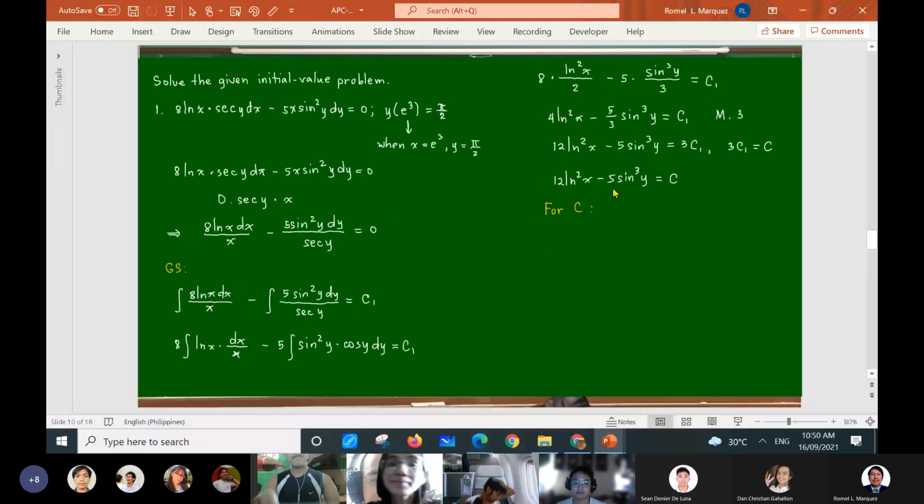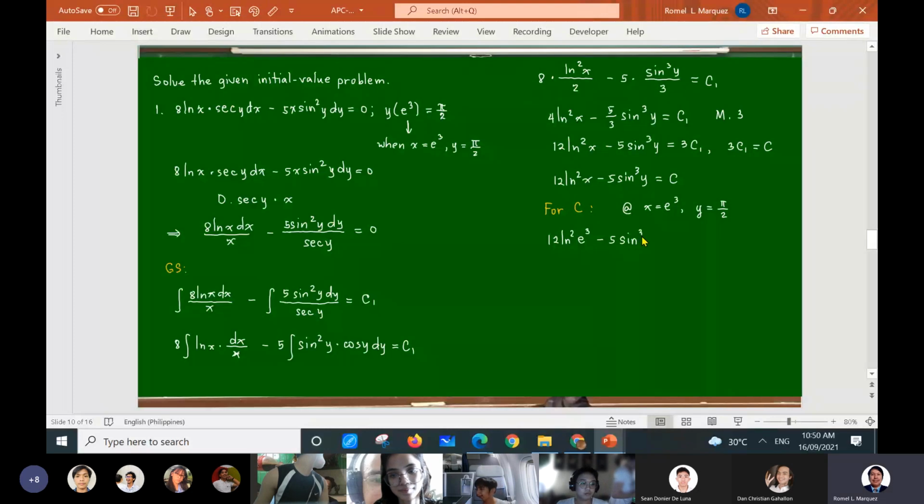We have 12 at the point x equals e cubed, y equals pi over 2. 12 ln squared of x, which is e cubed, minus 5 sine cubed of y, which is pi over 2, equals c.